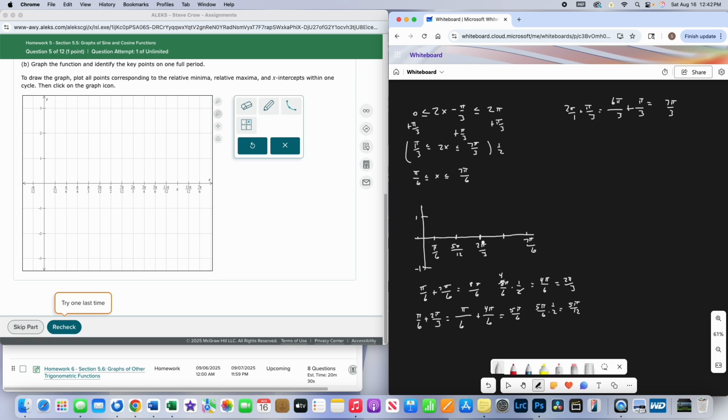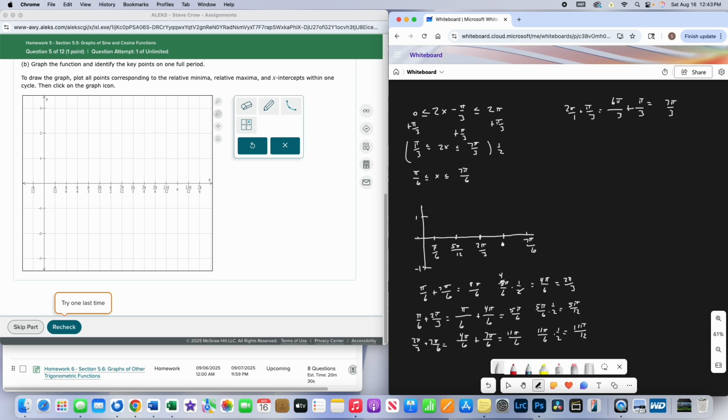And then I need the midpoint between 2 pi over 3 and 7 pi over 6. So 2 pi over 3 plus 7 pi over 6 is equal to, well, we're going to get a common denominator of 6. And so that's going to be 4 pi, and then that's going to be 7 pi, and that's going to be 11 pi over 6, and then 11 pi over 6 times a half is equal to 11 pi over 12.